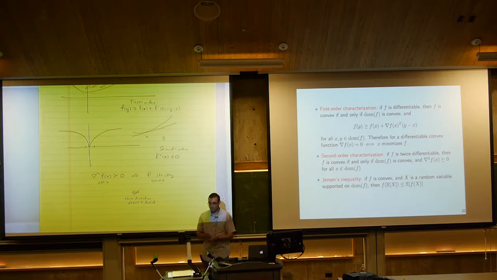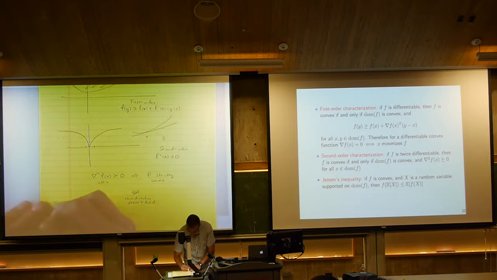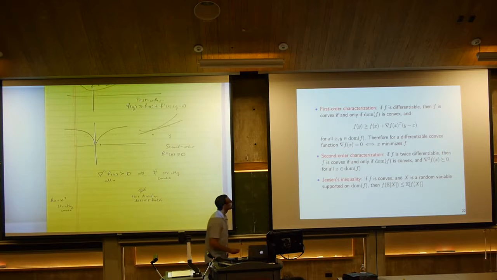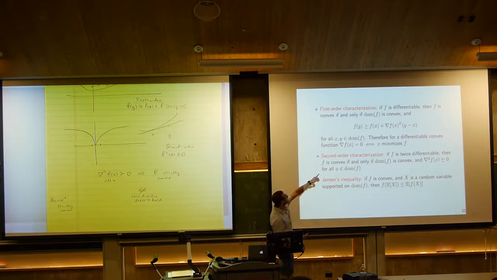x to the fourth. Good example. If we take this function, it is strictly convex. You can check that from the first order condition, for example. Its derivative is 4 times x to the third, which is an increasing function, so it's certainly going to satisfy this property.